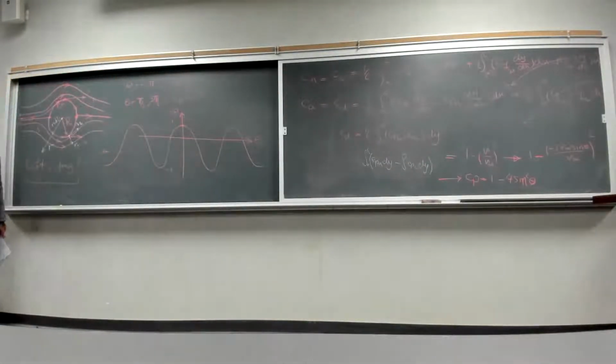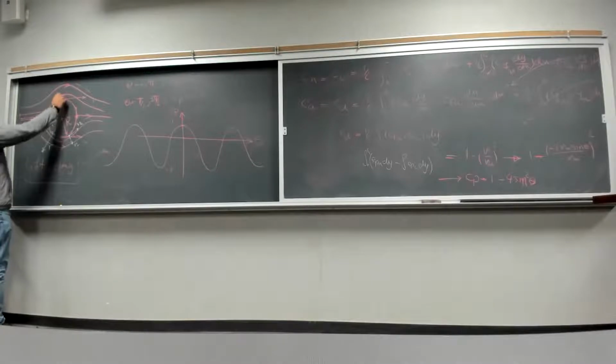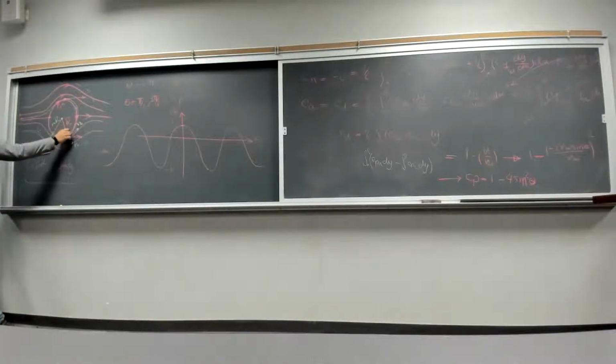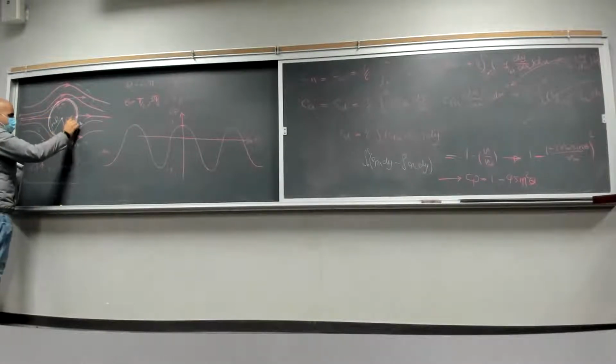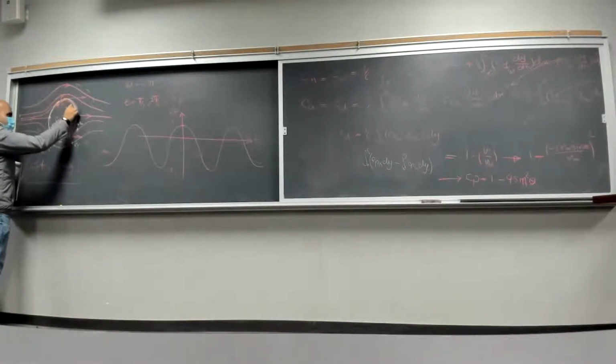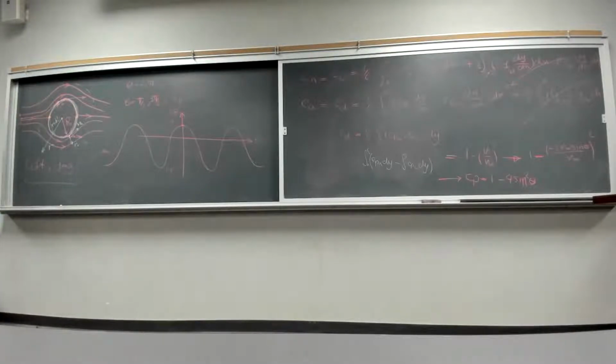So we are calculating the pressure force on this part of the cylinder, and then on this part of the cylinder, and we are just subtracting these pressure forces, which is going to give us the drag, the force in this direction. We are doing the same thing for lift. The only difference is that we are calculating the pressure force on this surface and then subtracting it from the pressure force on this surface. Does this make sense?